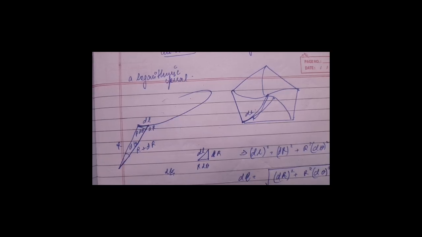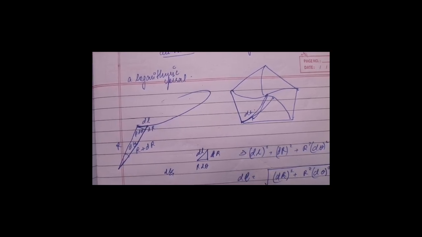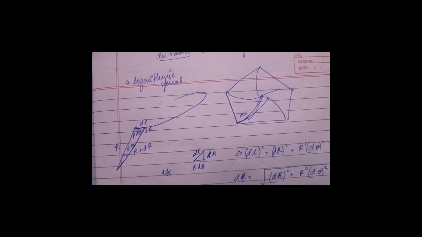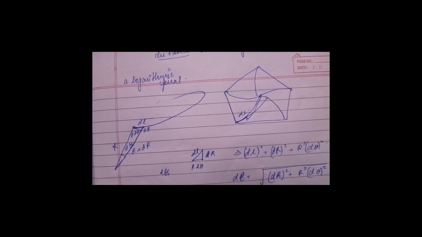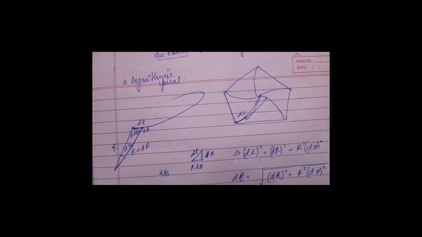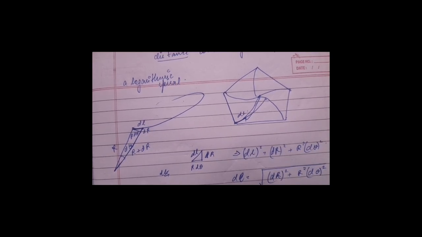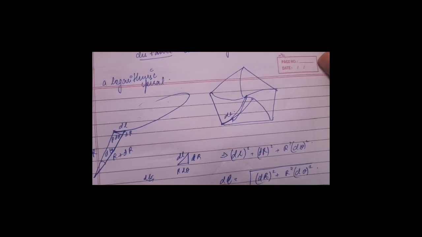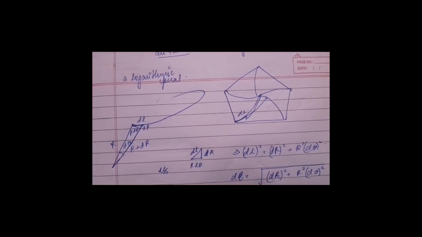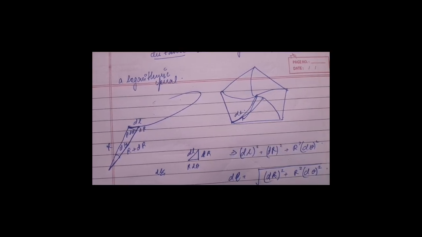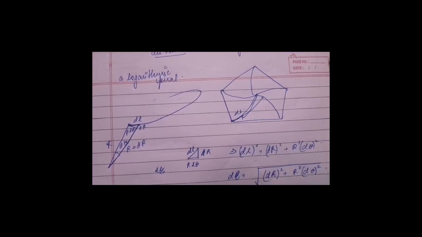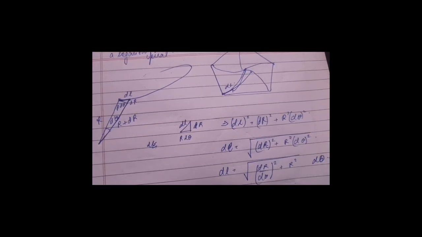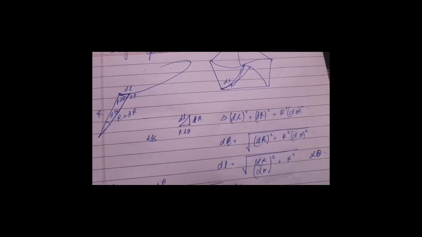So r d theta has come, since we know that theta is equal to l by r, so l is equal to r theta. Here theta is nothing but d theta, and r is r itself. We are not considering r plus dr because it is a very small change in r. So we get one relation from the Pythagoras theorem: dl squared is equal to dr squared plus r squared into d theta whole squared. So dl is the square root of dr squared plus r squared d theta squared.